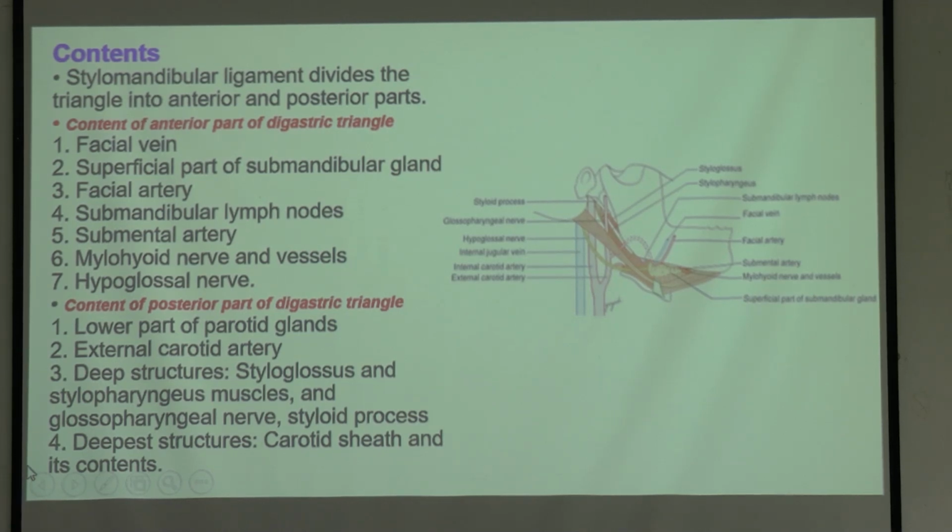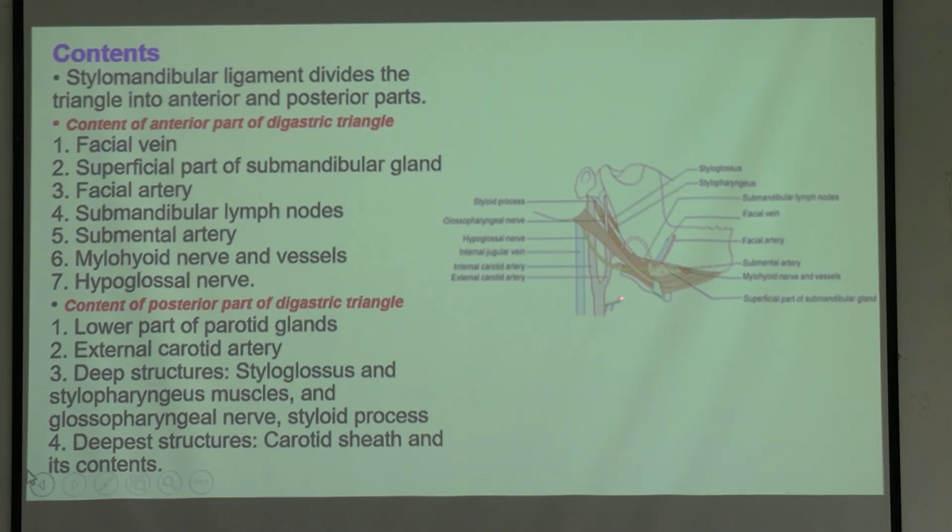This submandibular gland, which is present just below the mandible, has a superficial part, and one part is inside, that is the deep part. So the superficial part of the submandibular gland is present within this triangle.